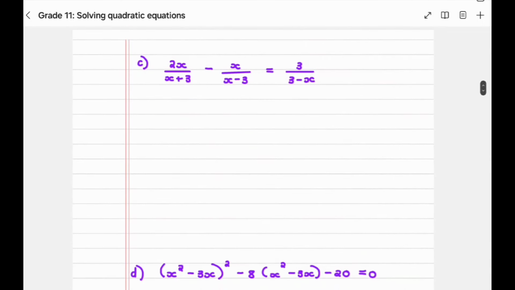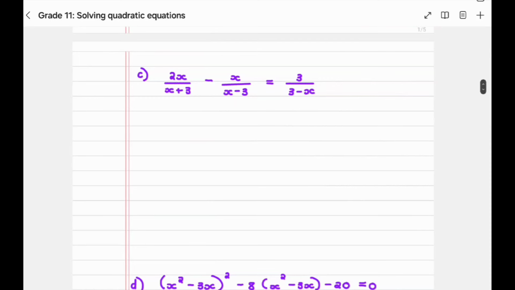Okay, as you can see, I'm running through it. Over here, just remember with your fractions, we want to take out a highest common factor. And as you can see, we've got an x plus 3, an x minus 3. If I had to swap these around and take out a negative, I'll be left with negative x plus 3, which we can't really make the same as x plus 3. But this one over here, we can swap signs.